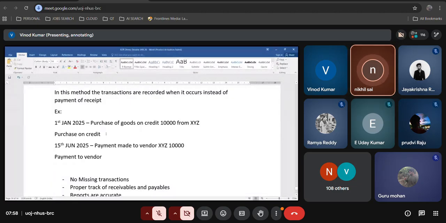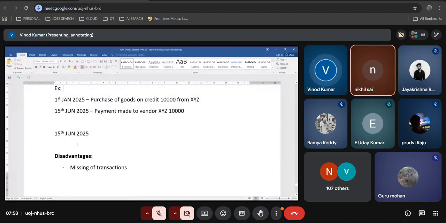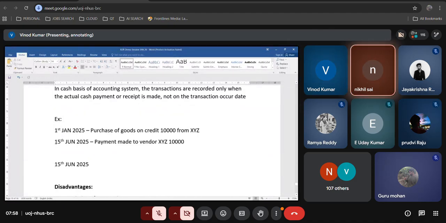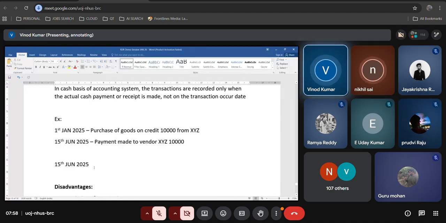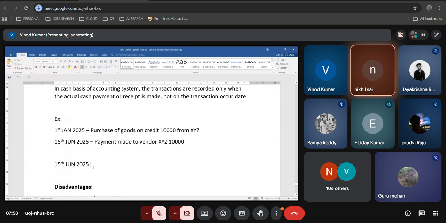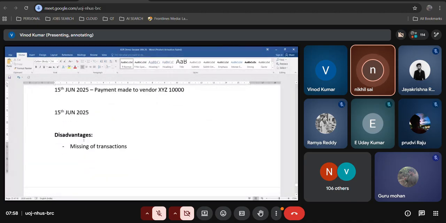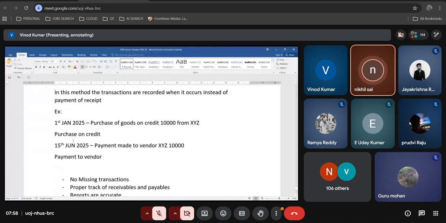There you have to write Jan, no? I gave the example of 15th June, we are making a payment, right? No, sir, the example is the same for accrual and cash basis. The cash basis it is correct, sir. I am saying about the accrual. There also it is June only.